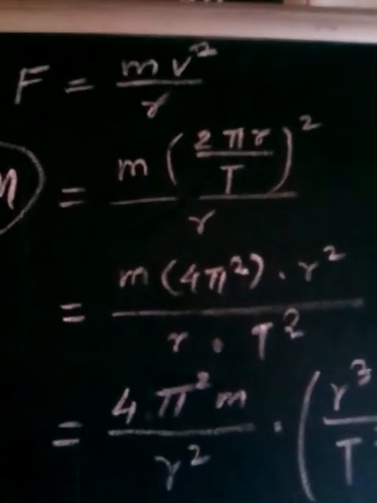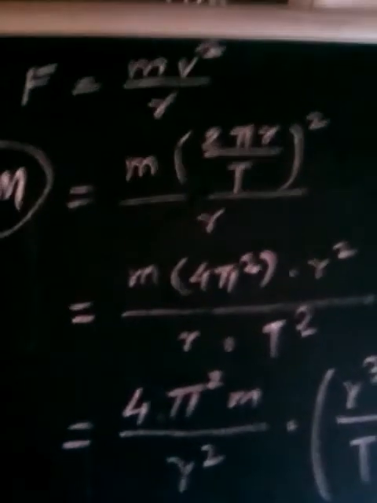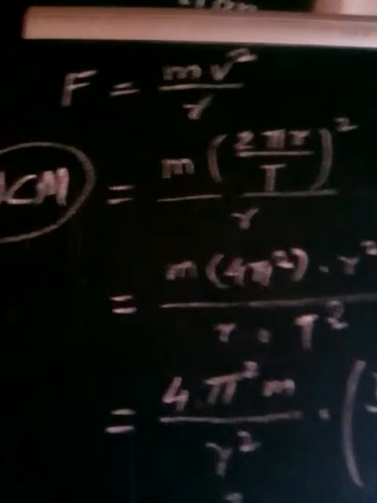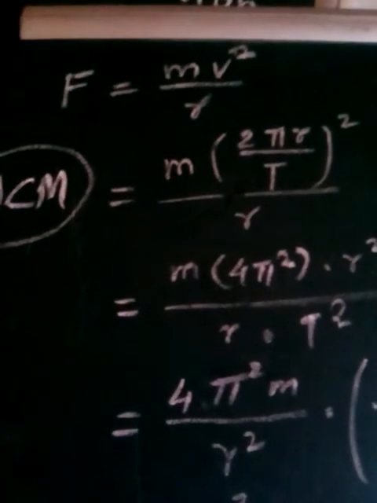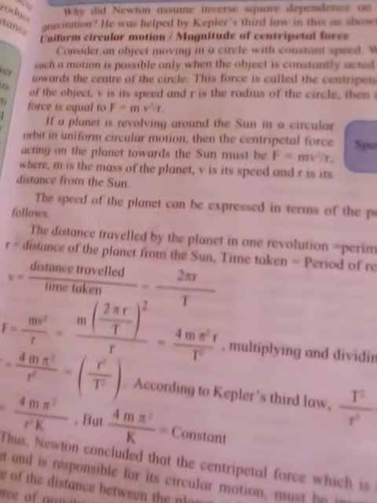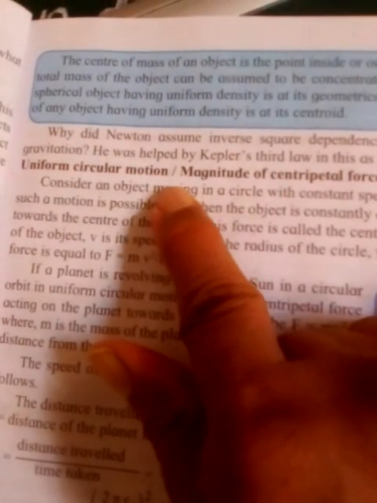The textbook has not explained this, so there is a big confusion: Kepler's laws speak about an ellipse, and the explanation given here starts from mv square upon r and speaks about uniform circular motion. Now how does uniform circular motion come into Kepler's laws?